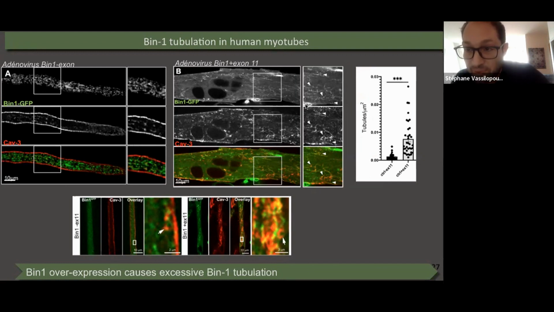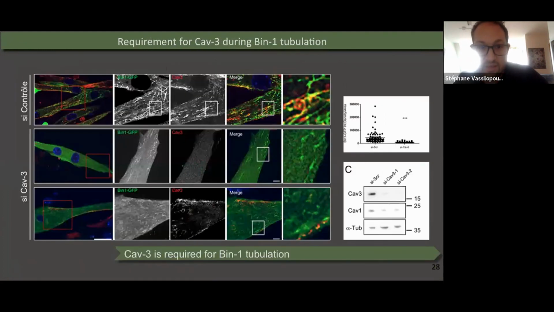So both amphiphysins, both Bin1 isoforms are capable of forming these rings, but only the muscle-specific isoform, because it has this extra exon 11, is capable of elongating these tubules. And so to go back to the caveolin 3 business, if you take your cells, you transduce them with this Bin1.